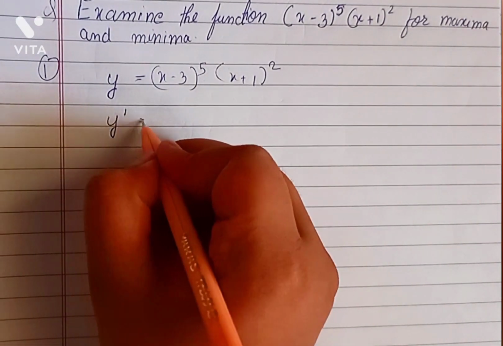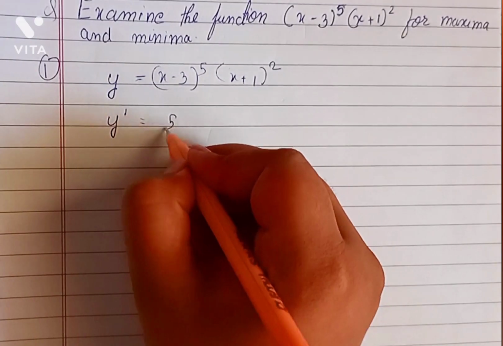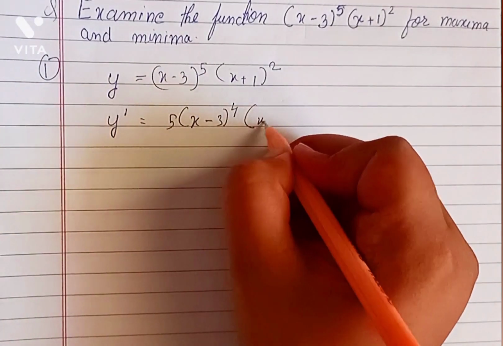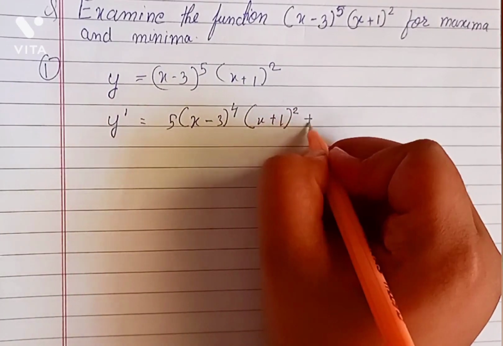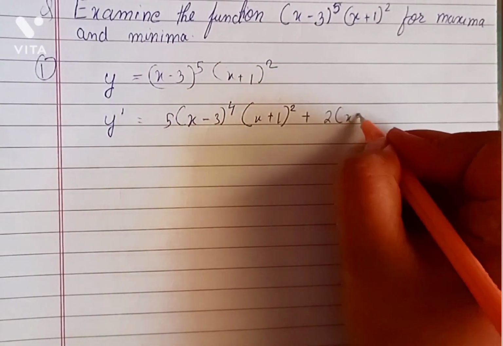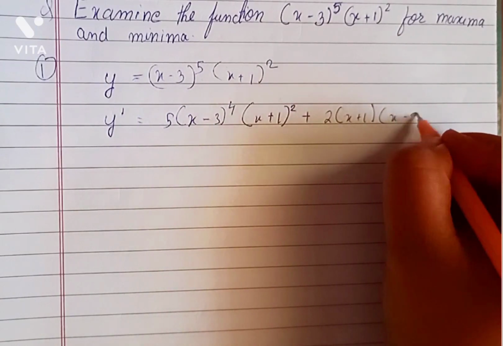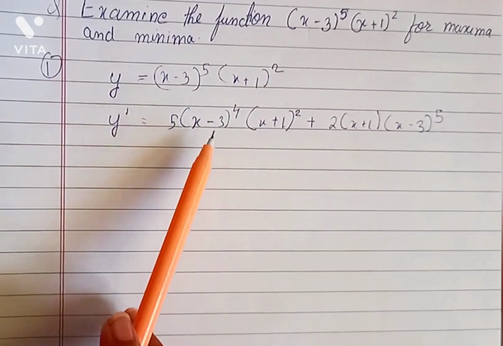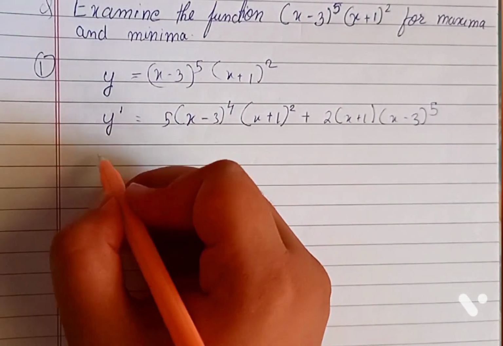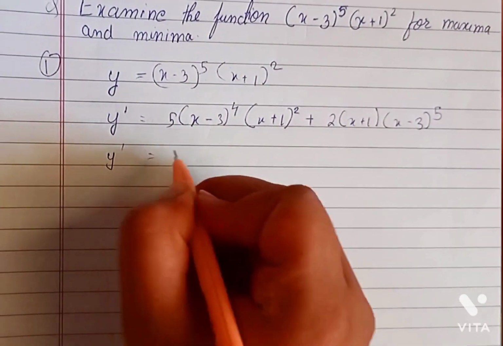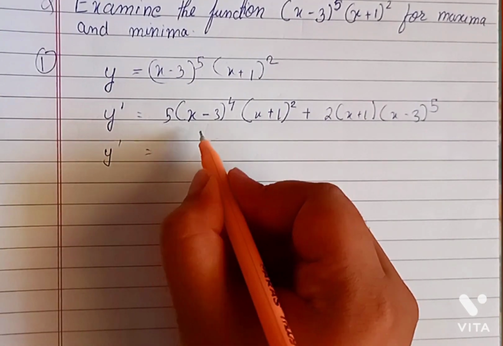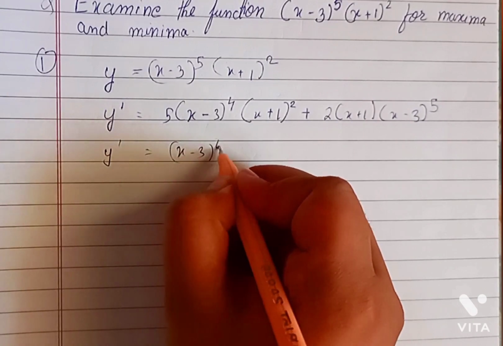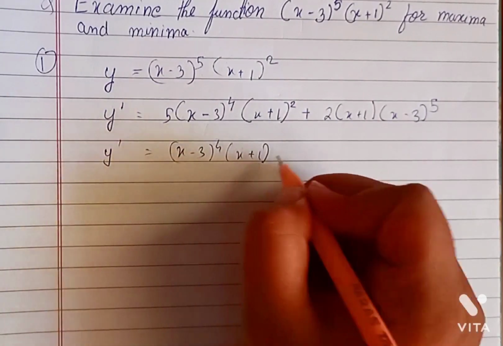Okay, so I'll differentiate it. Step 1 is differentiating. That would be equal to 5(x minus 3)^4 into (x plus 1)^2 plus 2(x plus 1) into (x minus 3)^5. So for differentiation, I used the chain rule. Now I'll take common, so it becomes easier for me to find turning points. I could take (x minus 3)^4 as common and (x plus 1) as common.